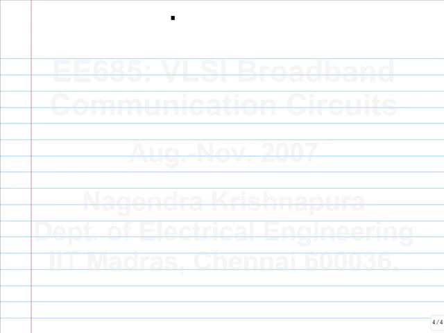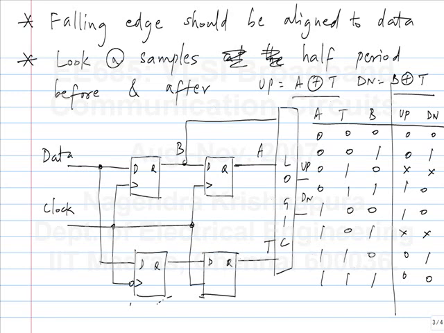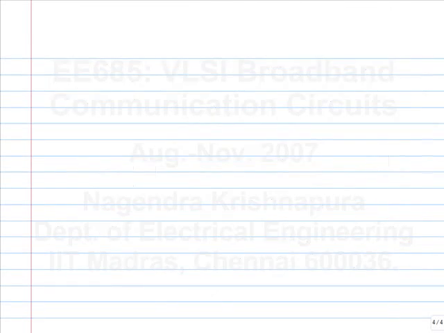Two samples per bit. This is 2 samples per bit. What do you want to do? First of all, you are saying you compare these two. And if it is the same, you can't say, right?